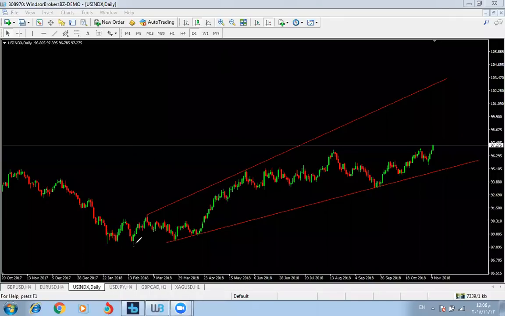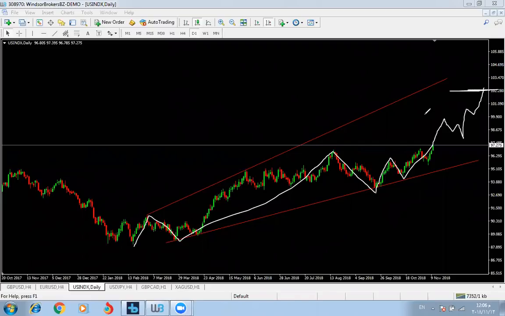So this is wave 1, 2, 3, 4, and now this is wave 1, 2, 3, 4, 5. Then the cycle will end right there. So we are now in wave 3, which is very strong, moving very strongly to the upside. So our trades should be longs only.